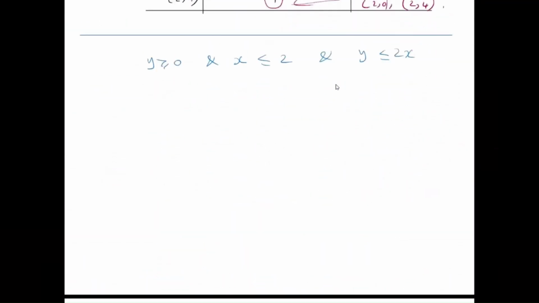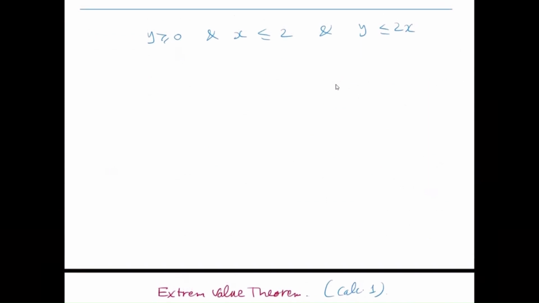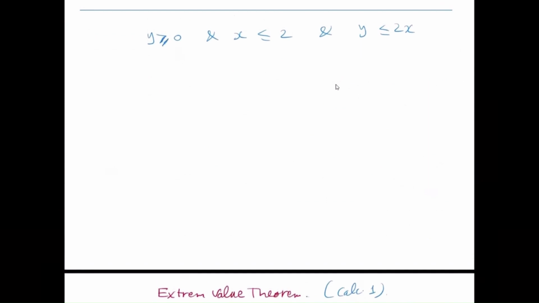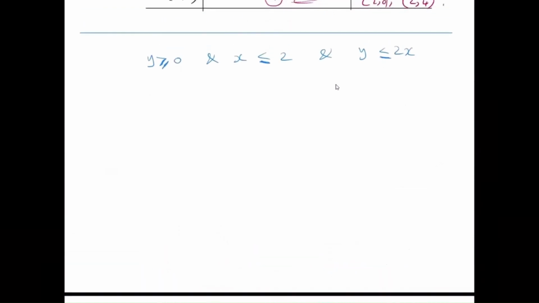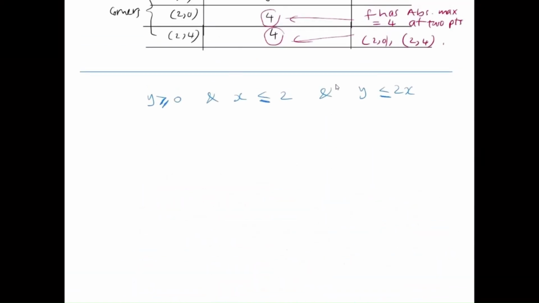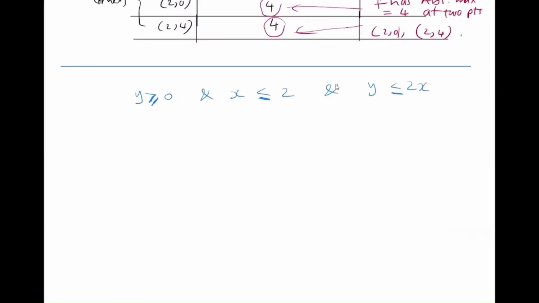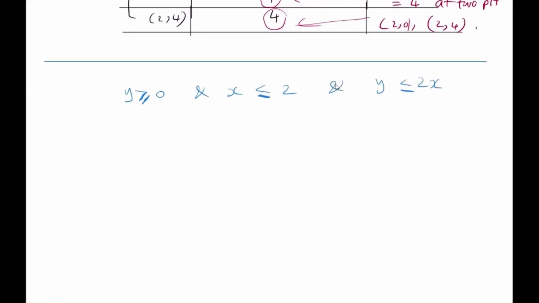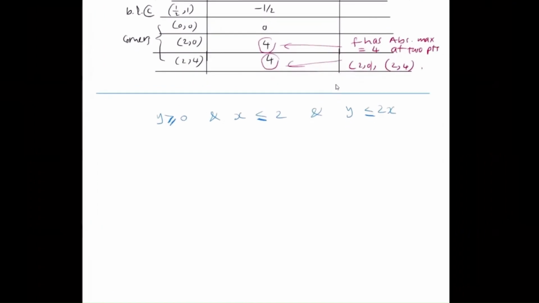This is a closed and bounded domain, since we have less than or equal, the equal sign is there, so the boundary lines are included. This is what gives me a guarantee to get the absolute max and the absolute min inside this restricted closed and bounded domain. We have this guarantee by the extreme value theorem from calculus 1 and its extension in calculus 3. So our problem now is to draw this region correctly.